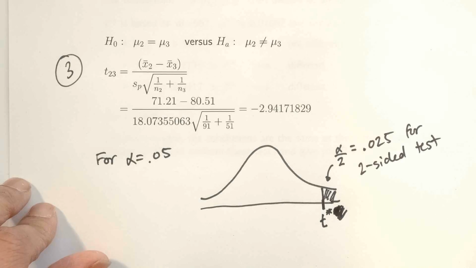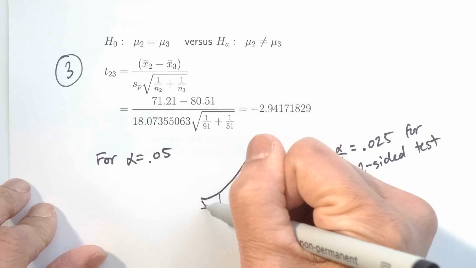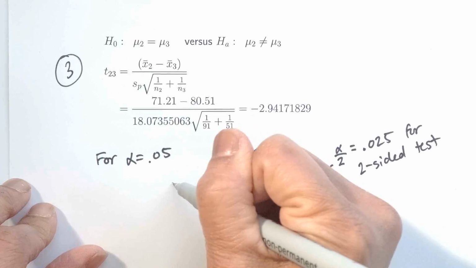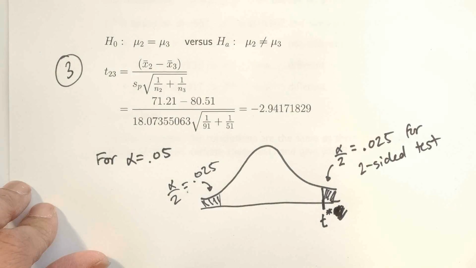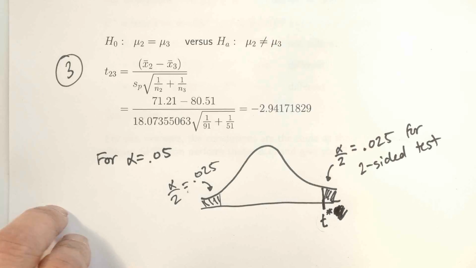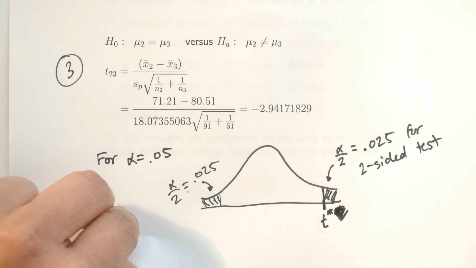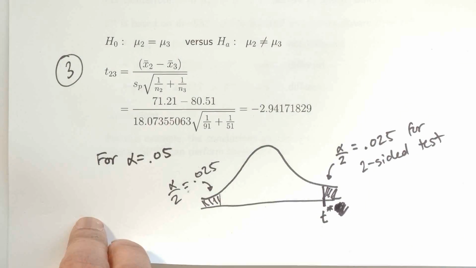And just to complete this, I'll put this down here, alpha over 2, which is 0.025. So if I'm only interested in whether a test is significant or not significant, and I'm doing many of them, it's just faster to compare to one t-value rather than computing these different p-values.